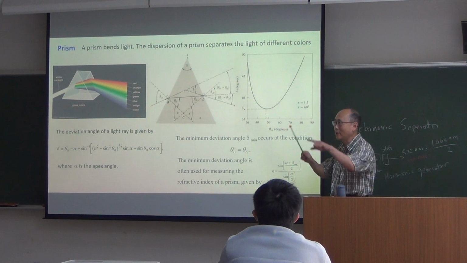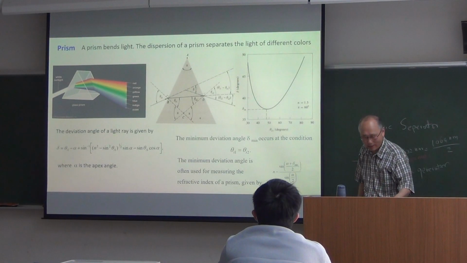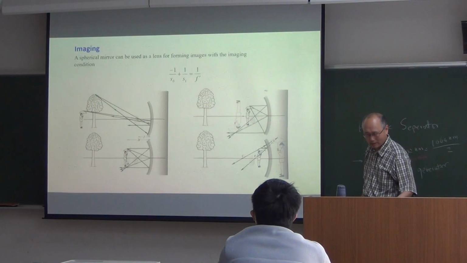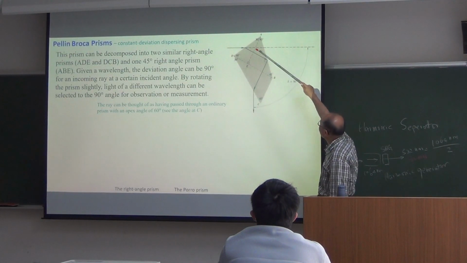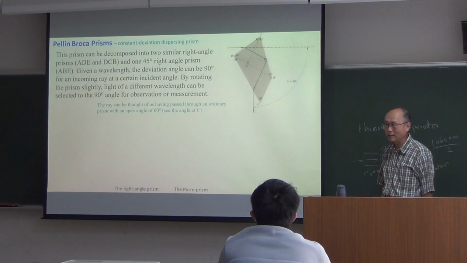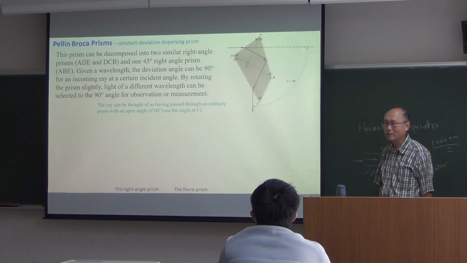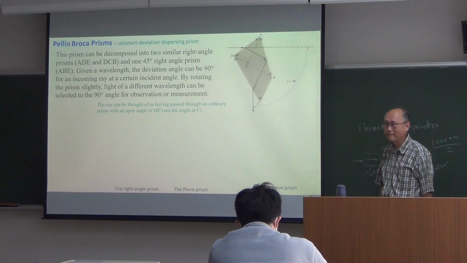Okay. But if you want to have a 90-degree bending for your application, then you add one more prism here to have 90-degree bending. The minimum deviation angle now is 90 degrees. So this is how you use it for your application.